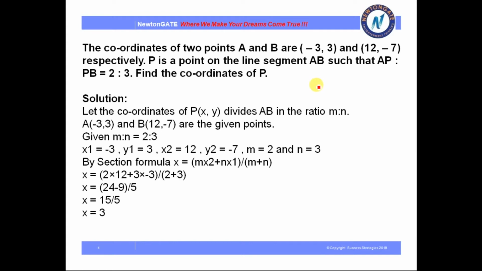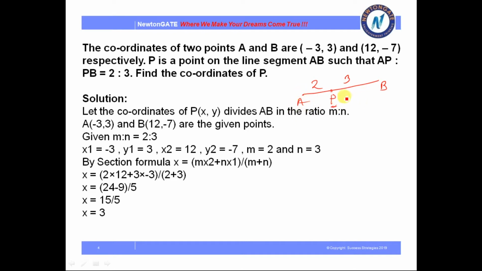Find the coordinates of P. So, there is a line AB whose coordinates are given, and P is a point on the line segment AB. Let's say this point is P. So, we need to find the coordinates of P. A and B coordinates are given, and the ratio AP is to PB is 2 is to 3. So, this is the diagram.